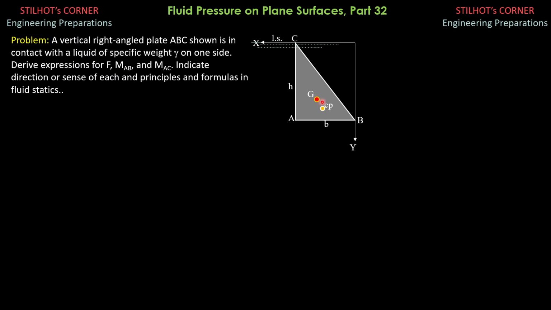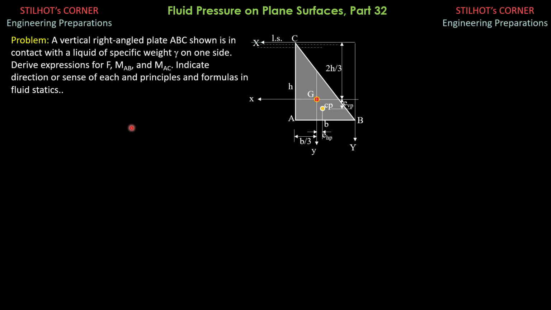So that's G, that's B over 3, and this distance is 2/3 of H. That's the centroidal axis. So 2/3 of H, B over 3. And for the horizontal and vertical distance between the centroid and the center of pressure, take note that the force acts at the center of pressure. So that would be EHP horizontally and EVP vertically.